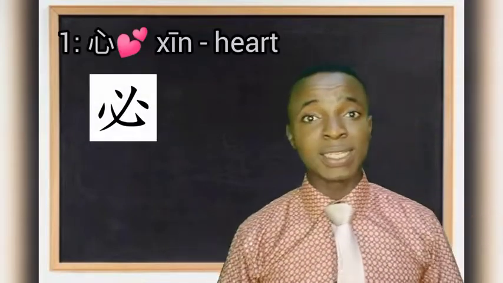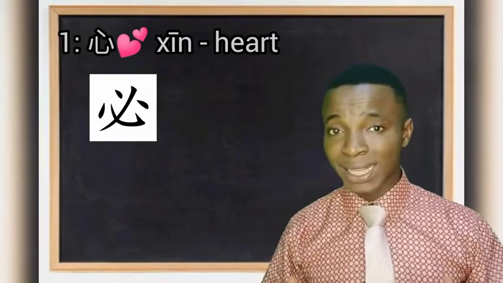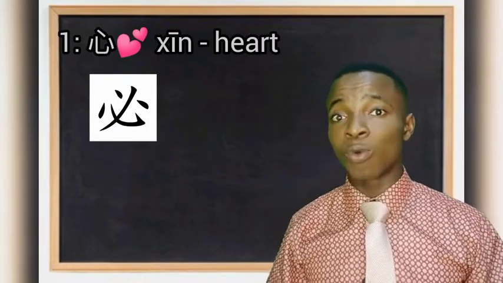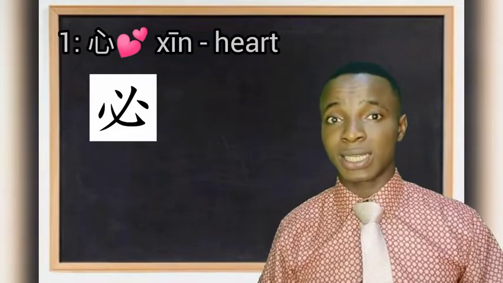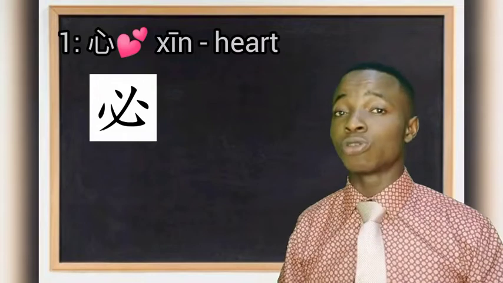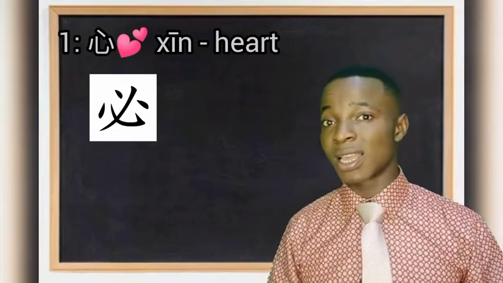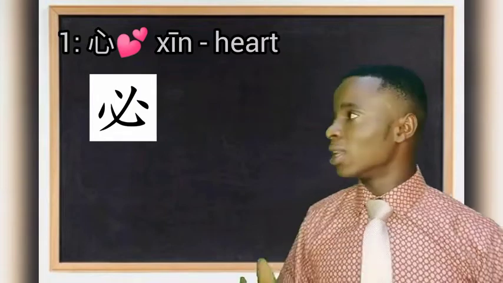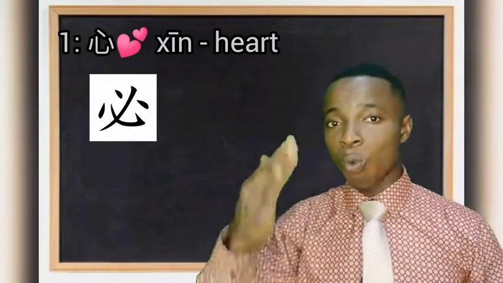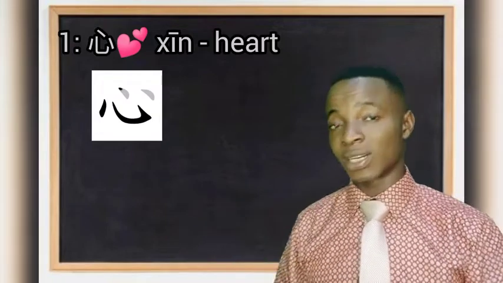This character is the Chinese word for heart. When we want to refer to a person's heart, we say heart in Chinese as xin. Xin. The stroke also appears in many more characters. Now, let's see how Wògōu is used to write this character.